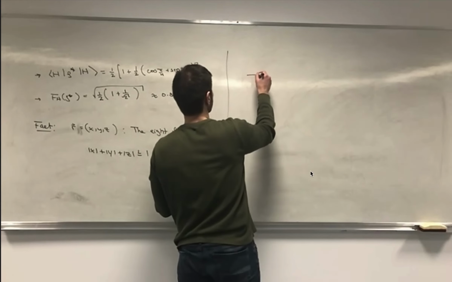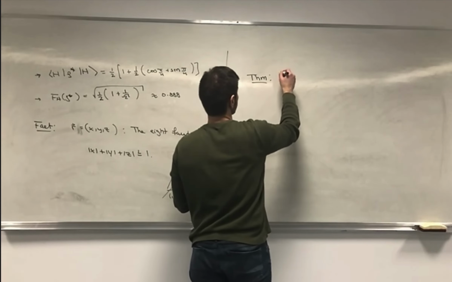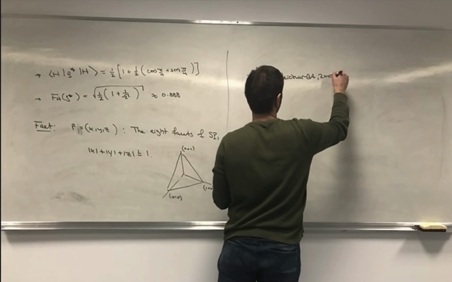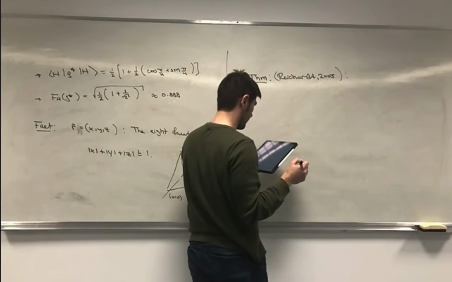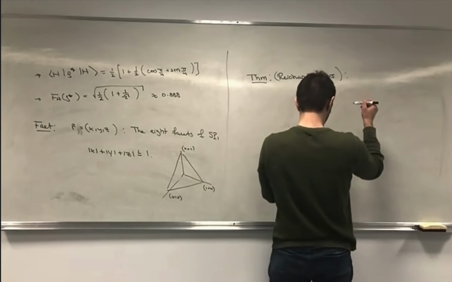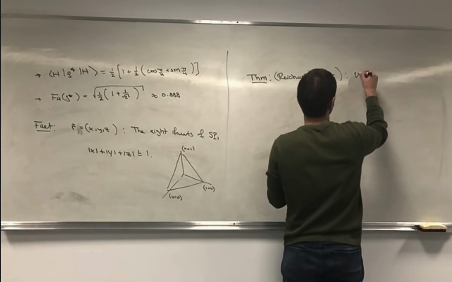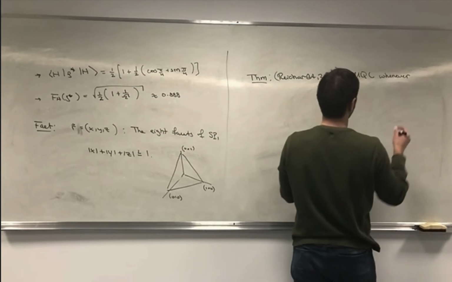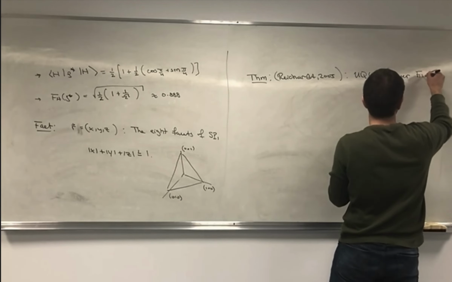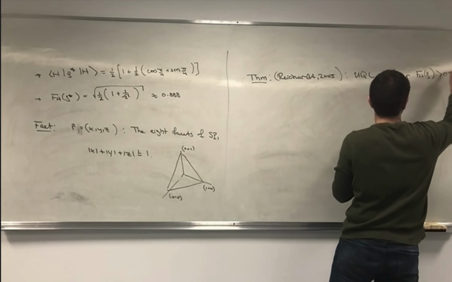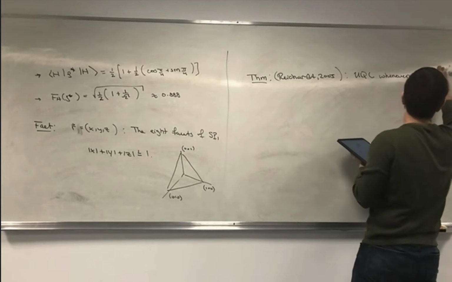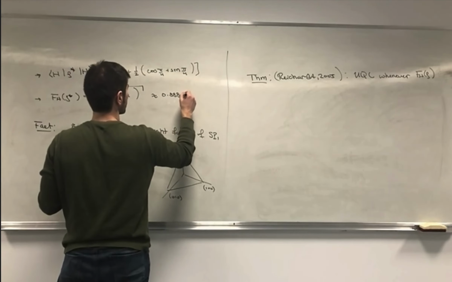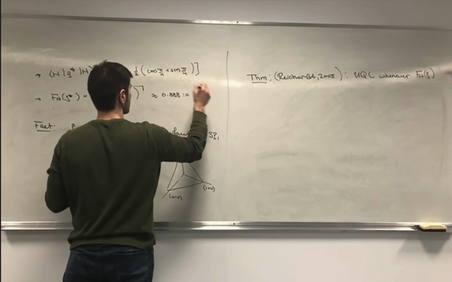So we have this theorem, which we will prove. Theorem, Reichardt: we have universal quantum computing whenever the fidelity of our input state rho is greater than 0.888, which I will just call F_H star.